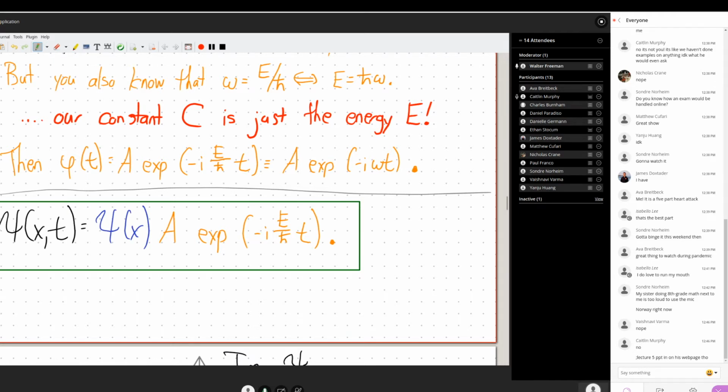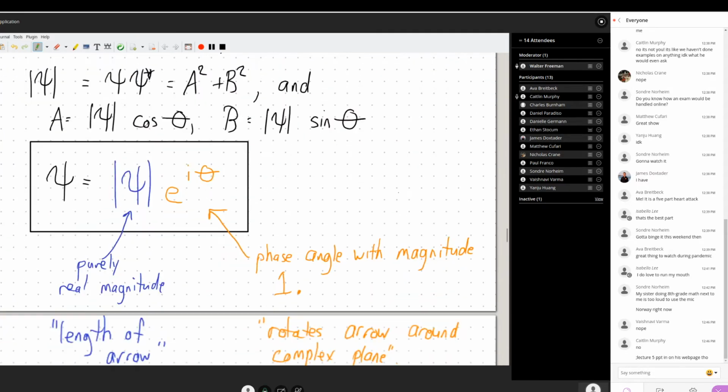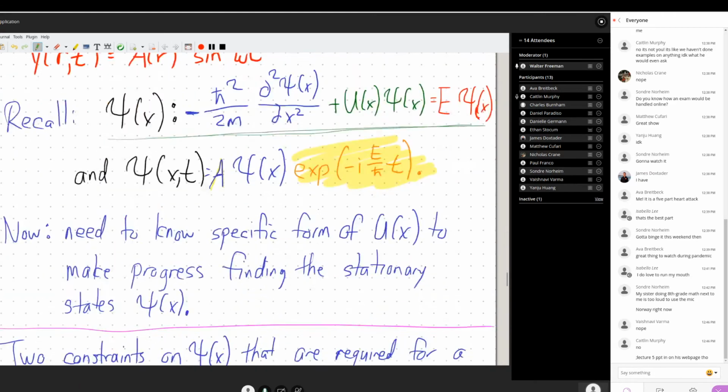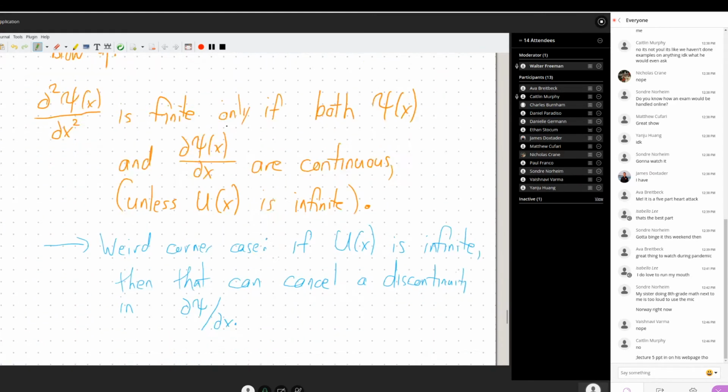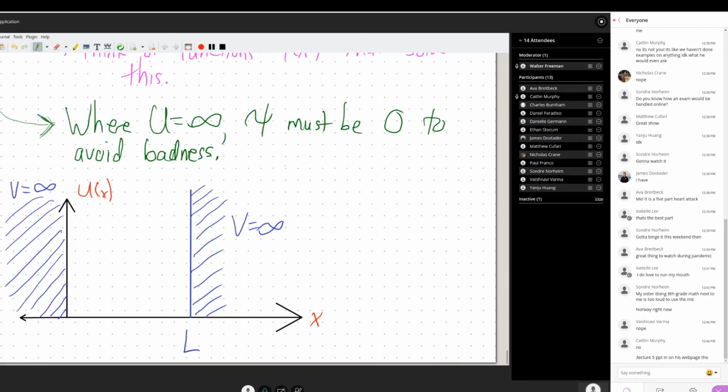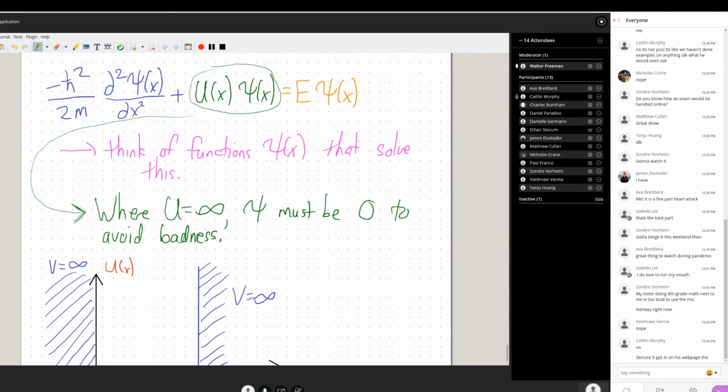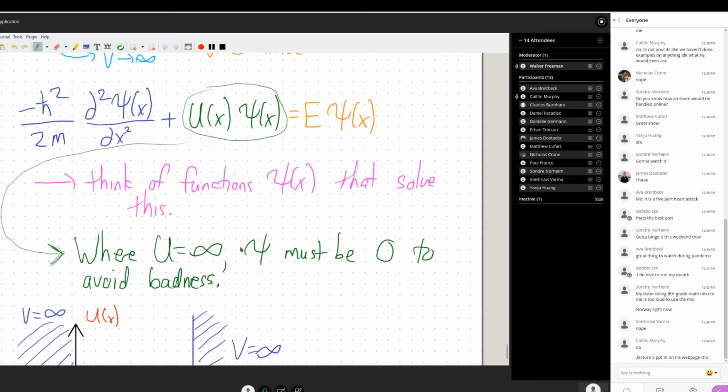So the full wave function, depending on time and space, is the spatial part multiplied by a part that depends only on time. Oh, and then those e's canceled. Yeah, like further down, where we looked at the probability density, then yes. But what we're doing here is we are now thinking about only the spatial part. Let me make a note of this. So here we're concerned only with the spatial part.